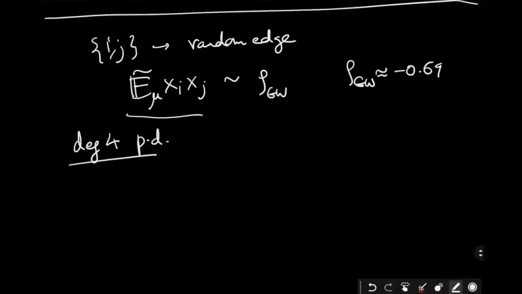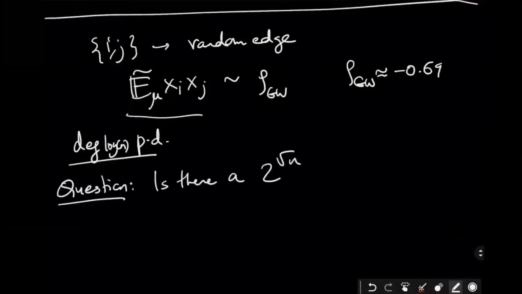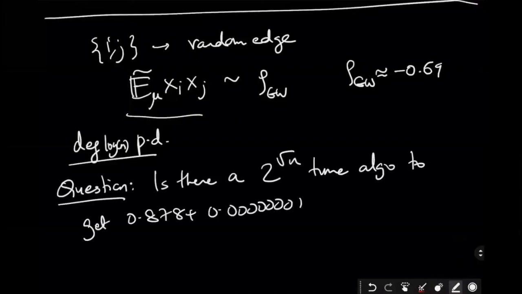And as we discussed, we don't even have to start from degree 4. You could start from a degree log n pseudo distribution. Right now, let me in fact pose it as an open question: is there a 2 to the root n time algorithm to get a 0.878 plus 0.00000001 approximation for MaxCut?